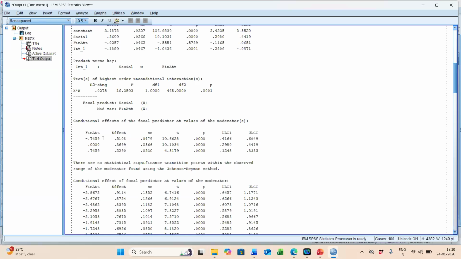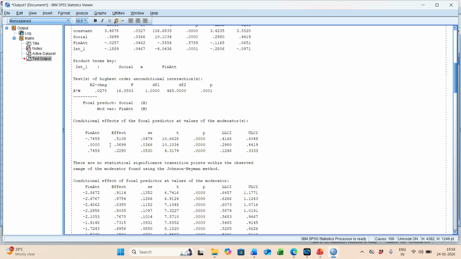That means the standard deviation of financial attitude is 0.7459, and the mean of the standardized value of financial attitude is 0. The effect is 0.5108. But when the value of financial attitude increases from minus 0.74 to 0, the effect has reduced.